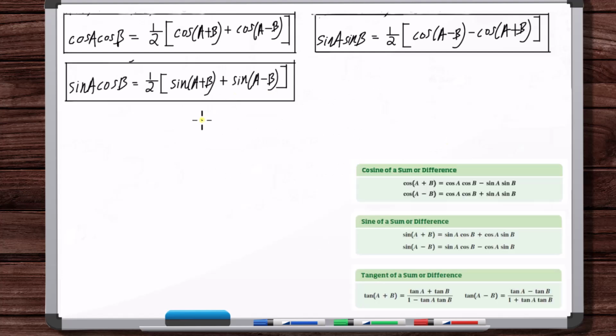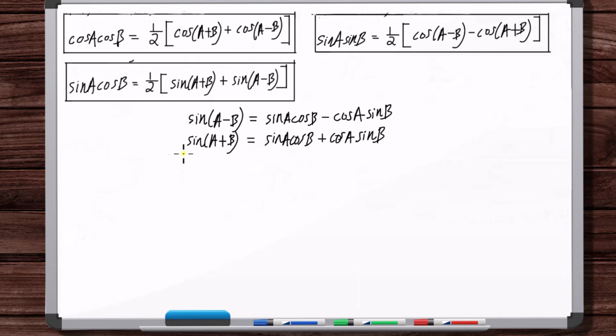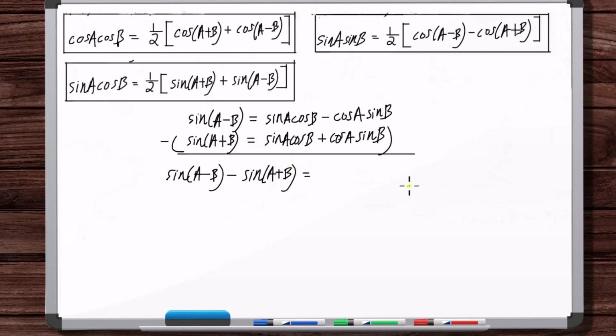Now let's subtract. We'll subtract sine of A plus B from sine of A minus B. That's going to end up being a negative here, so actually, let's do it the other way.